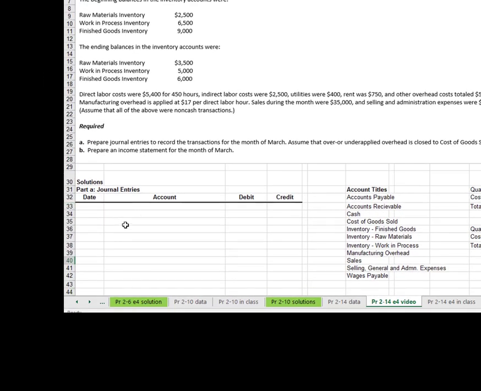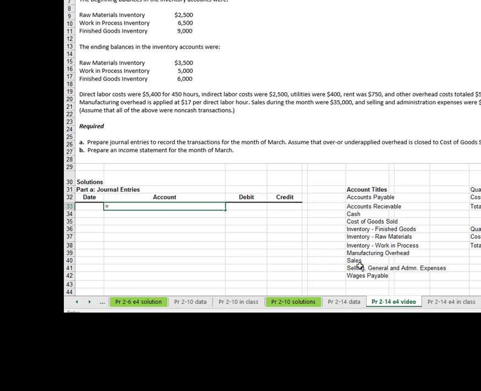Here's my journal. It's set up, the date, the account, and the debits and credits. Now we don't have any dates, so I'm just going to leave that blank. I've got my account titles set up here, the ones that I'm going to be using. So I'll just start out with, we're buying what? We're buying raw materials.